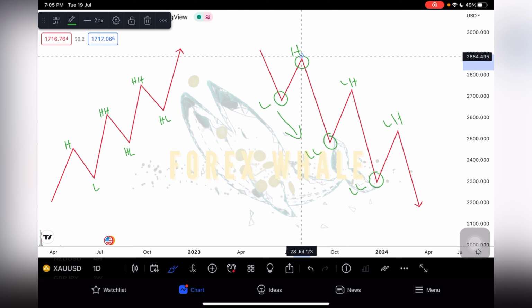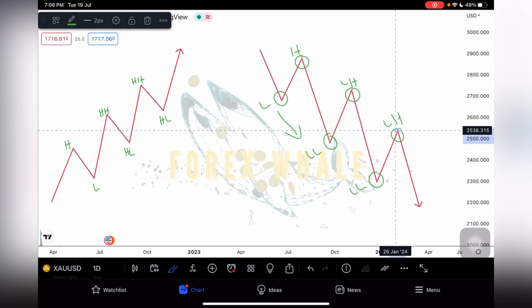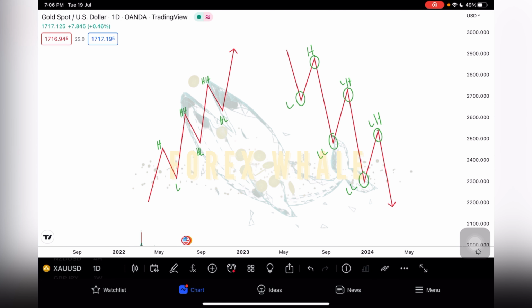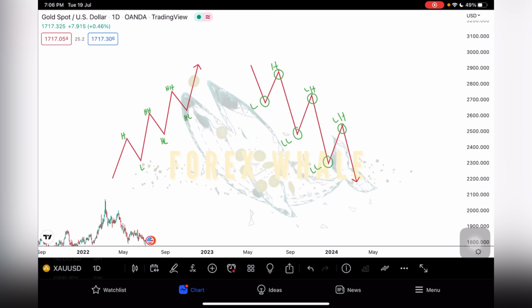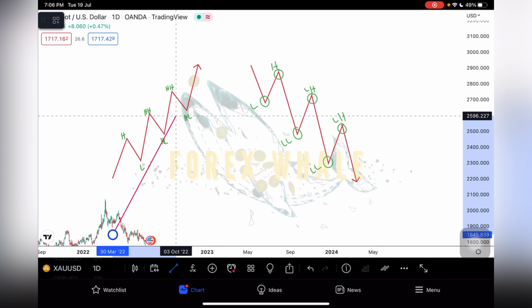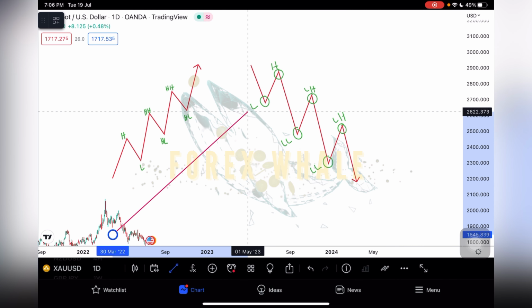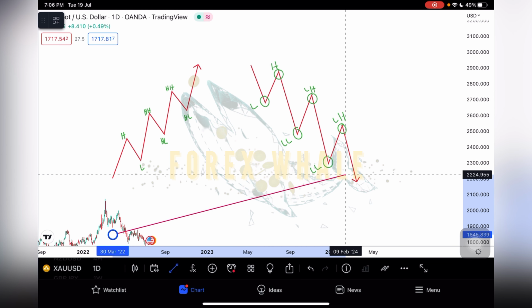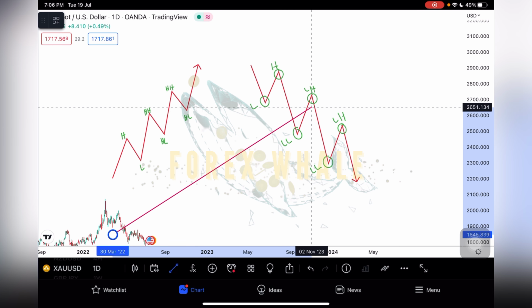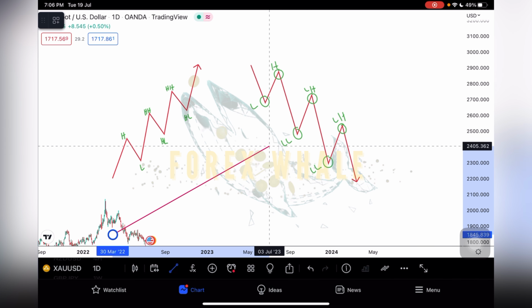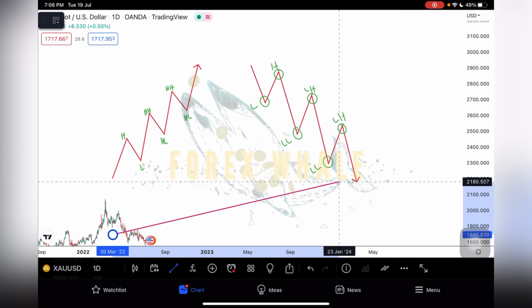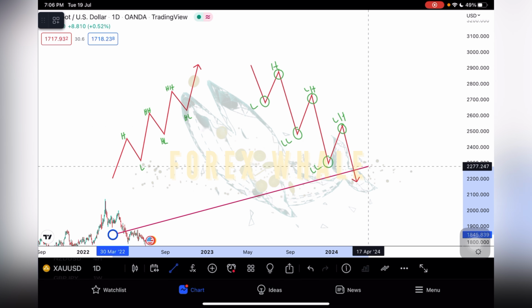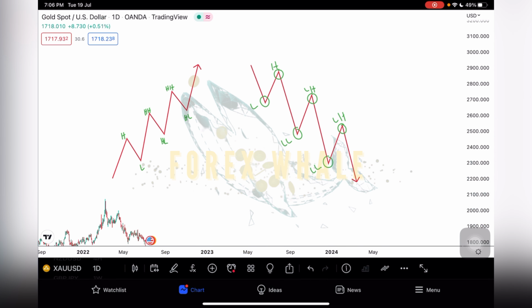If you have trouble understanding this, you can just take a screenshot now. This one is an uptrend, this one is a downtrend. Very simple. It's actually the same move. So when you see that price keeps creating new lower lows, then you know that price is actually still trending to the downside.